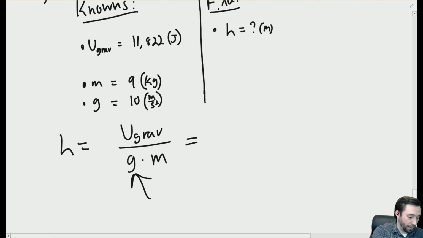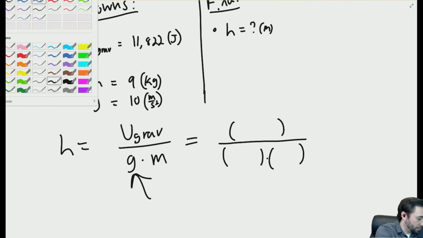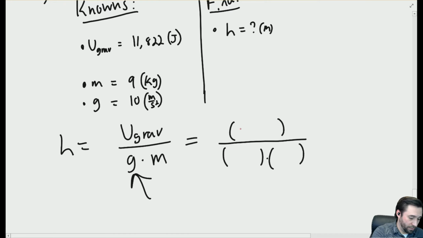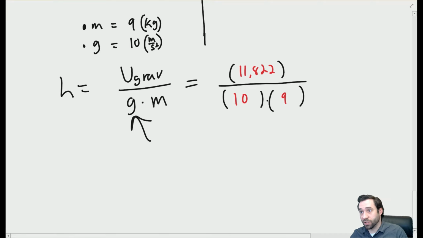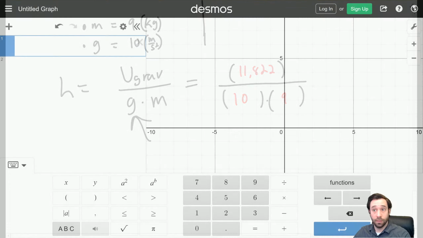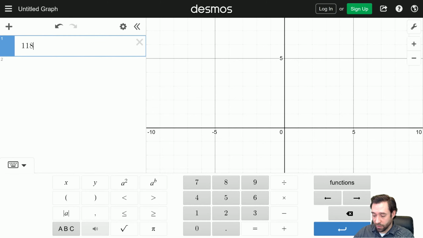Okay, so now all I have to do is plug in what I know. So Ugrav, it's going to be 11,822. Got 10 for G, and then I've got 9 for the mass. And then when I plug this into Desmos, I get 11,822.